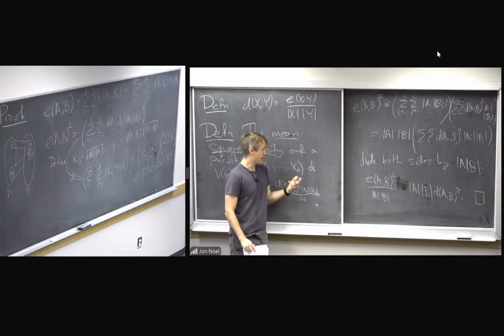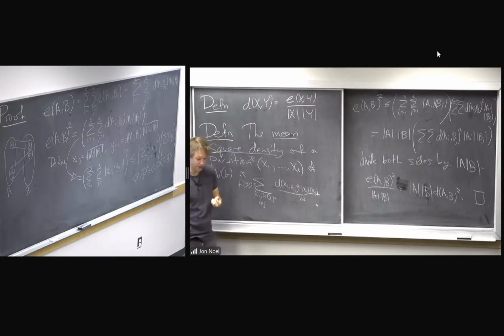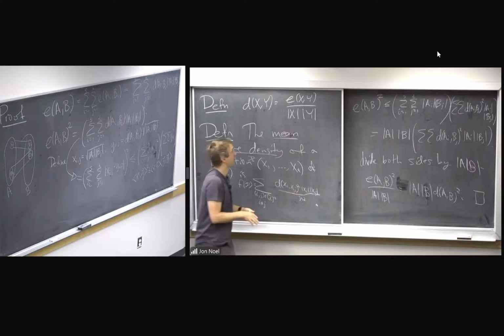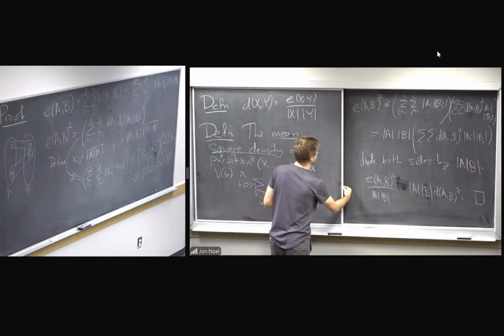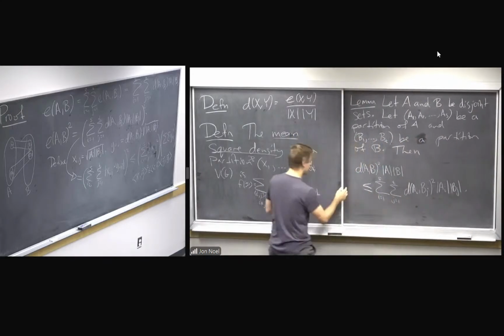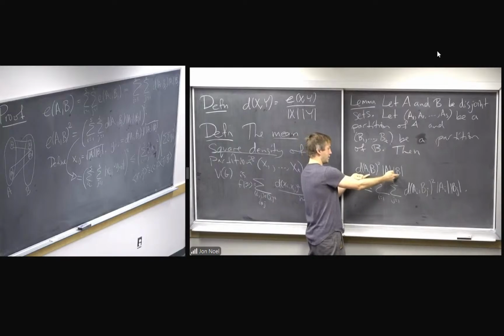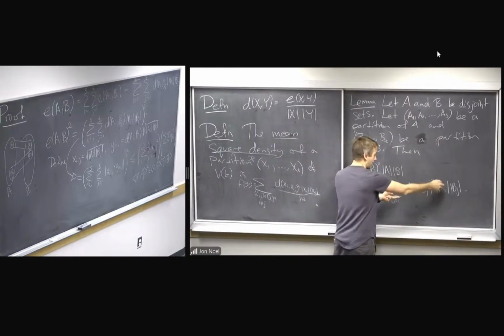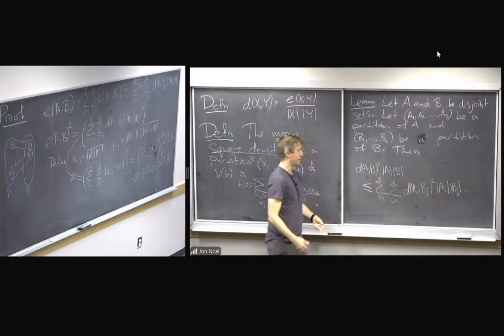So the message of this is, if you refine a partition, if I take a partition and chop up each thing into smaller things, the mean square density never goes down. It can only go up, right? Because when you chop things up, you're essentially replacing a term like this with a bunch of things like this, and that only goes up.